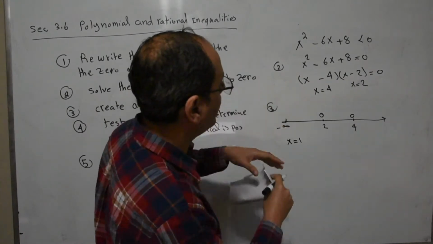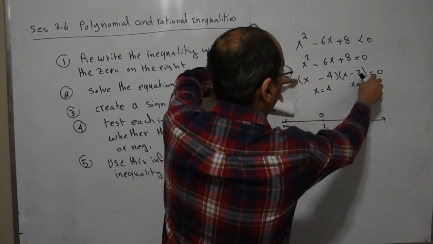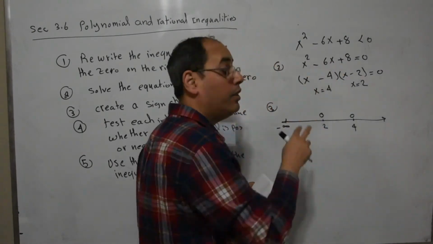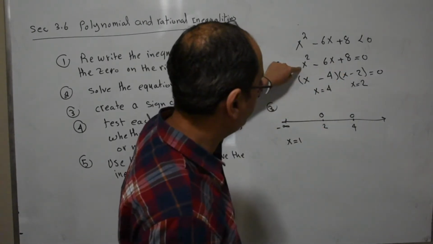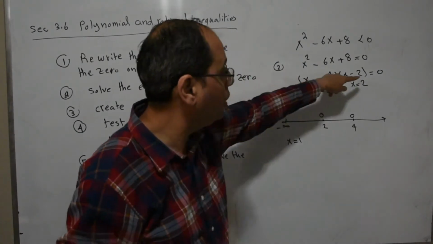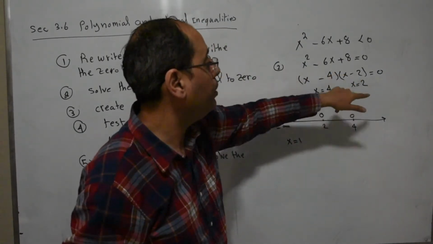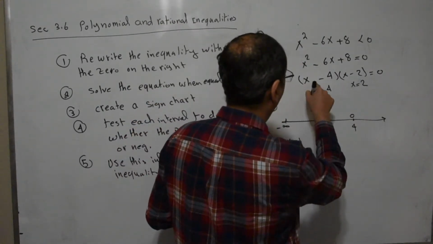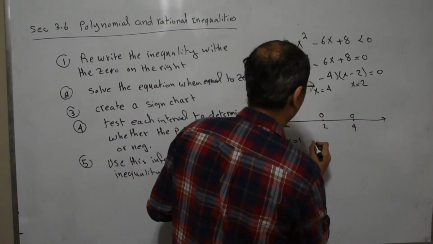It's easier to test in the factored form here than plugging 1 here with 6 times 1. So it's going to be more complicated if you use this form. So I would plug the 1 in the factored polynomial here. That would be easier for testing. So x minus 4 times x minus 2.